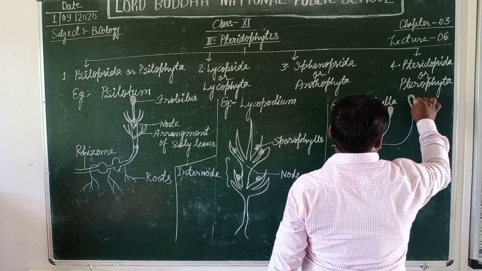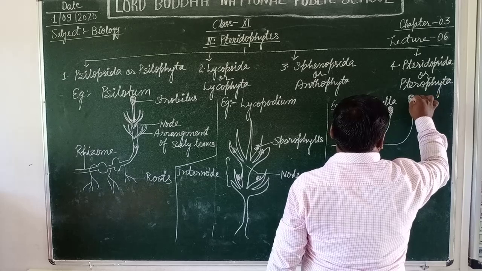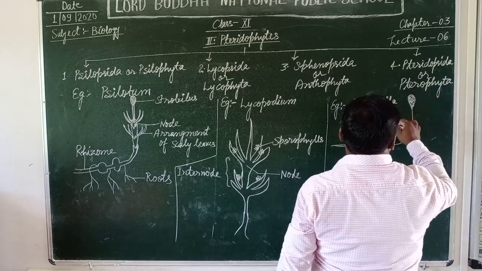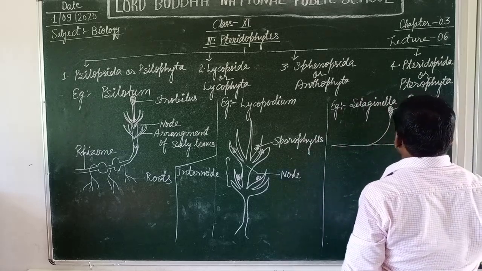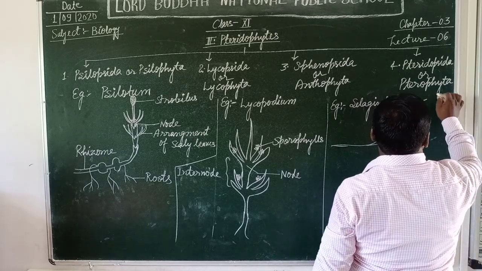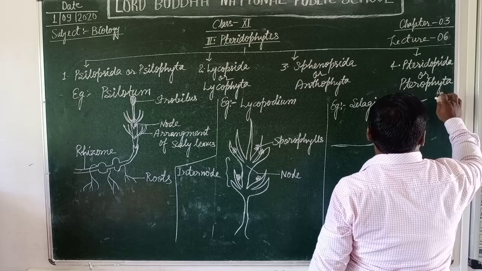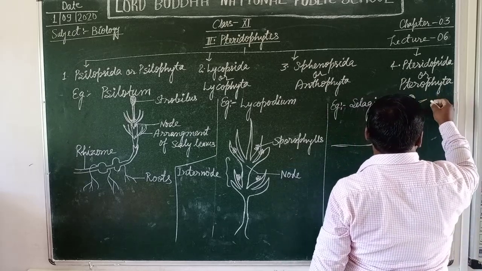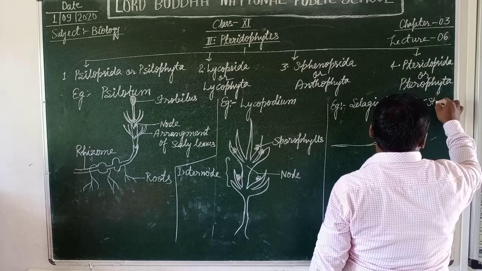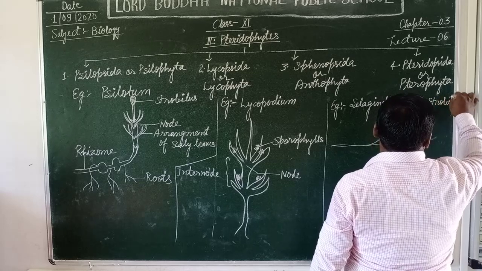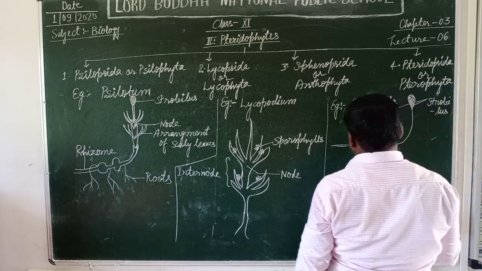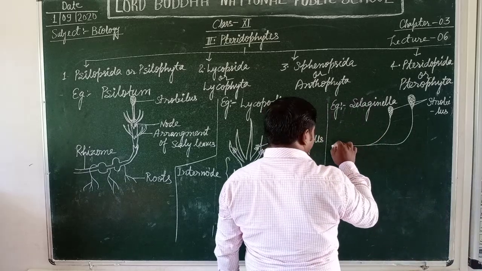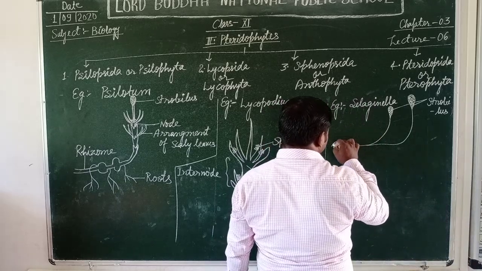This is the strobilus that is the accessory structure for bearing the gametophytes, strobilus, and there are pinnule-shaped leaves.